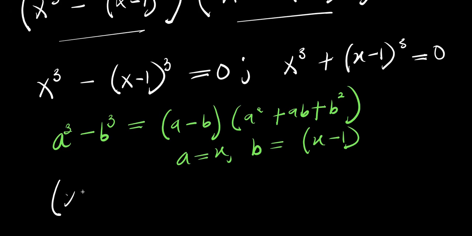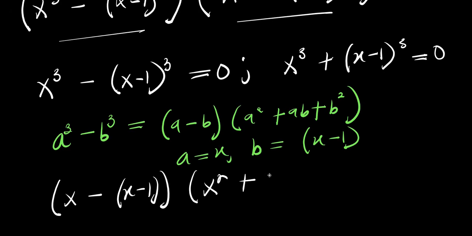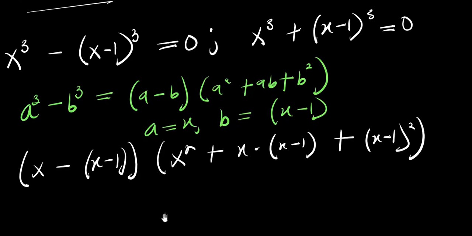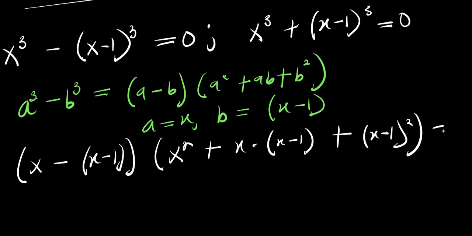We have (x minus (x minus 1)) times (x squared plus x times (x minus 1) plus (x minus 1) power 2), and this equals 0.